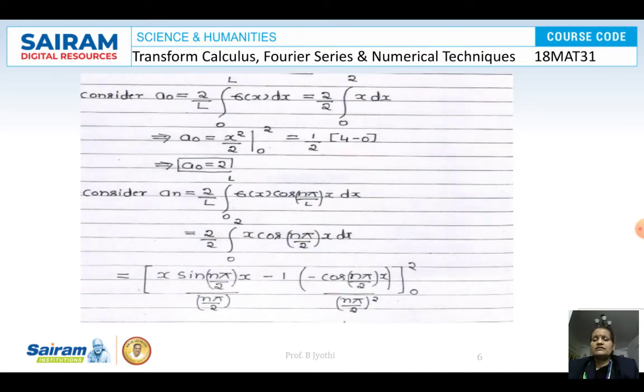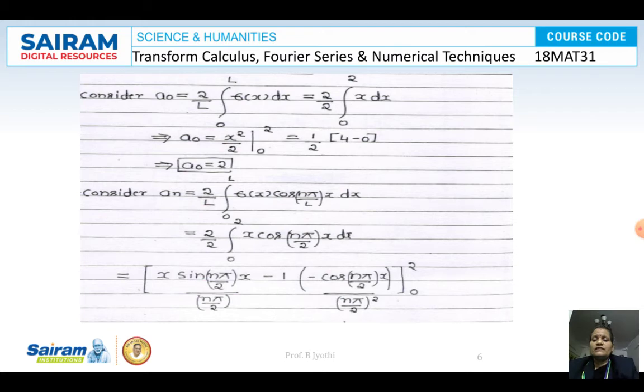Let's consider the a0 formula, which is given by 2 by L, integral 0 to L, f of x dx, where the L value is 2, so it is replaced with 2, and f of x is given by x. On integration of x, we get x square by 2, with limits 0 to 2. Therefore, half times (4 minus 0), which on simplification gives a0 equals 2.